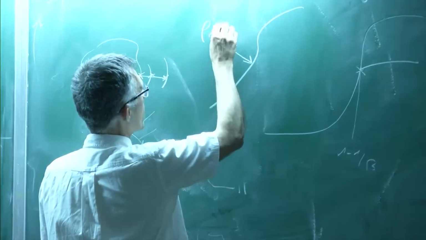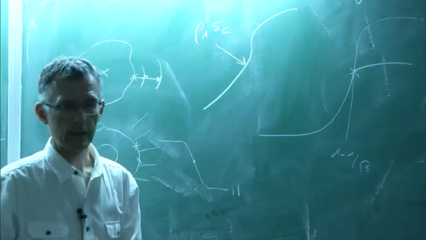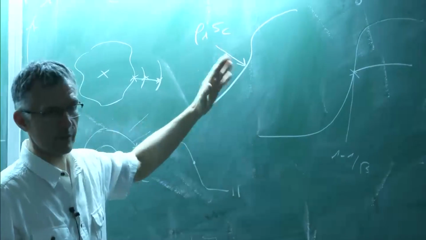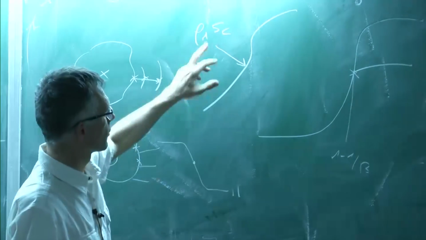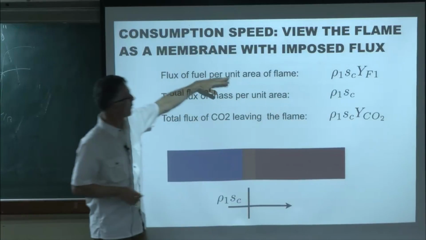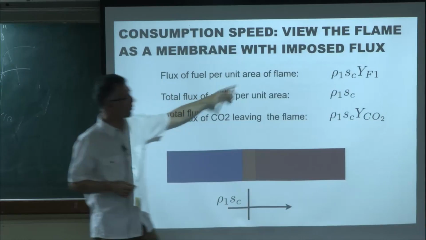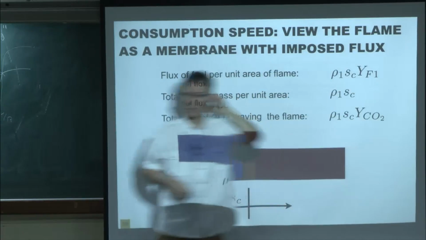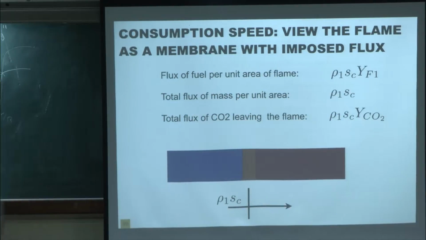The flux is ρ1 SC. That's the total flux which goes through my flame at each point. So that the total flux is ρ1 SC. So the total flux of fuel is ρ1 SC yf1. That's the total amount of flux of fuel entering here the domain.